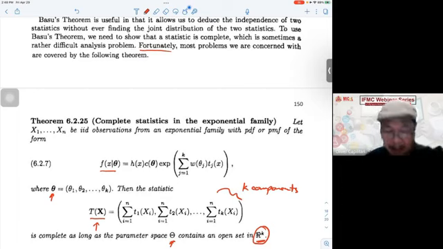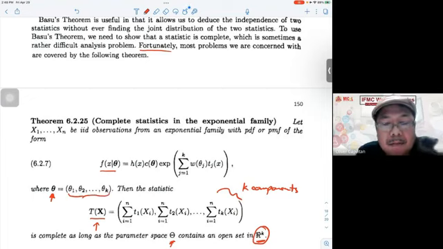And at the same time, the vector of our parameter, bold theta, has also K components. Pag ito mapakita mo na yung statistics mo merong K components, tapos yung vector of your parameter mo has also K components, you can be sure that your statistic is complete.